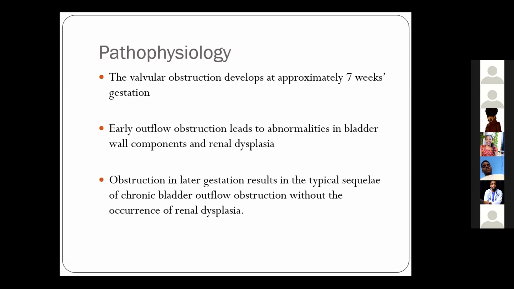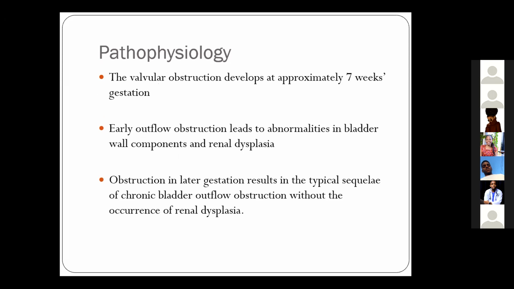So the valvular obstruction develops at approximately 7 weeks of gestation. And if there is early outflow obstruction, this one, of course, will lead to abnormality in the bladder wall components, and it will also lead to renal dysplasia.